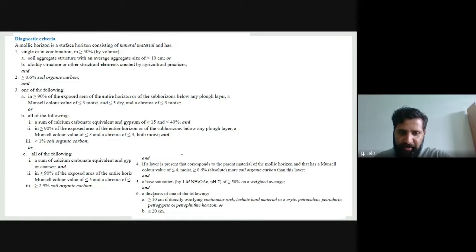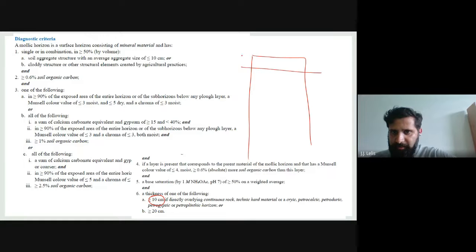It should present a thickness of at least 10 centimeters if this surface horizon is over rock like this. So if I have here 10 centimeters or 12 centimeters, you are following the criteria to identify the mollic horizon.